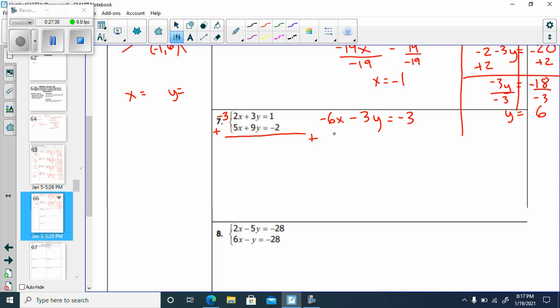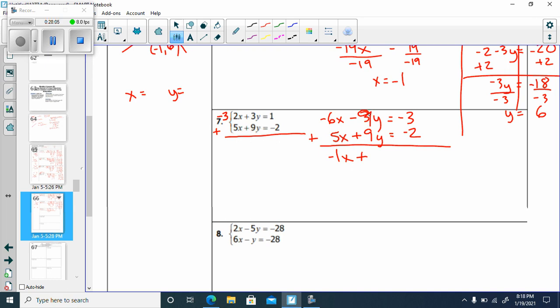Okay, we're adding 5x plus 9y is equal to negative 2. Negative 6x plus 5x is negative 1x. Negative 3y plus 9y is, whoa, we didn't multiply this one, did we? Negative 3 times 2 is negative 6. Negative 3 times 3 is negative 9. Okay, we did that one.